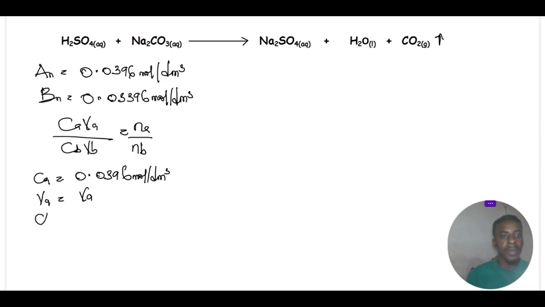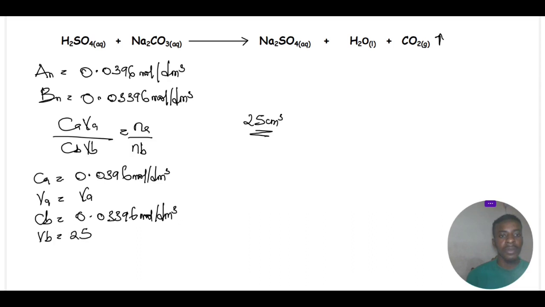Then our CB is the concentration of the base, which we have at 0.03396 mole per dm cube, and your VB is the volume of the base, which depends on what you want to use, but I prefer going with 25 cm cube, which is the size of your pipette.